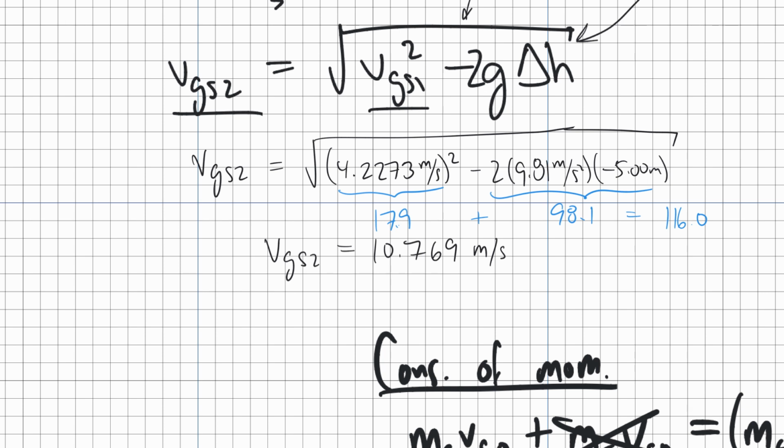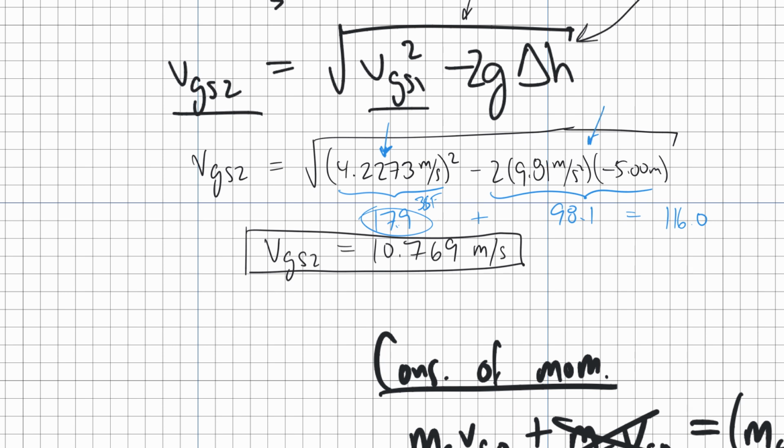10.769 meters per second. Now, I want to note that this is an interesting sig figs issue. So in blue, I was thinking about the sig figs here, right? So squaring that first term gives me 17.9 because the original number had 3 sig figs, and once I square it, I end up with 3 sig figs.